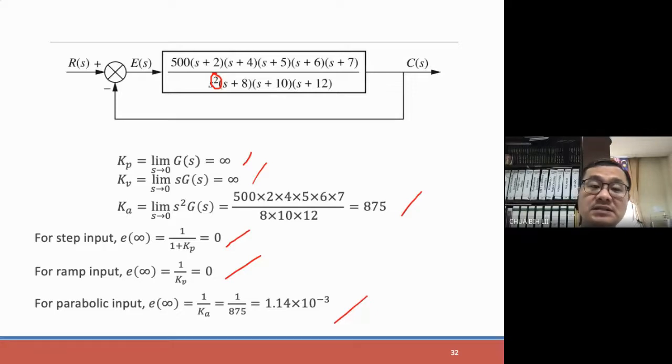So this is how you can relate the type of input and the type of system, and from there you can estimate whether errors will occur or not, even before you start to solve them.